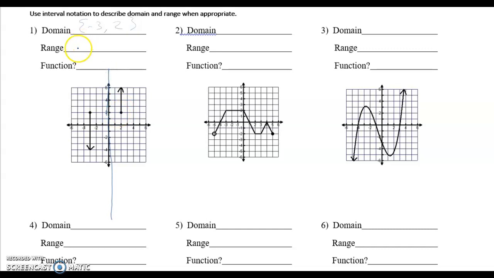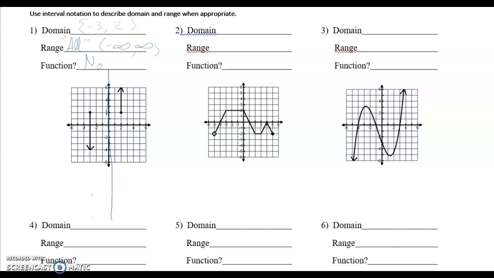Well, we can see it covers all the y values, and to say all the y values, we say -infinity to infinity. Is it a function? No way. We can see here and here that one input value goes to not just 2 output values, but an infinite number of output values.